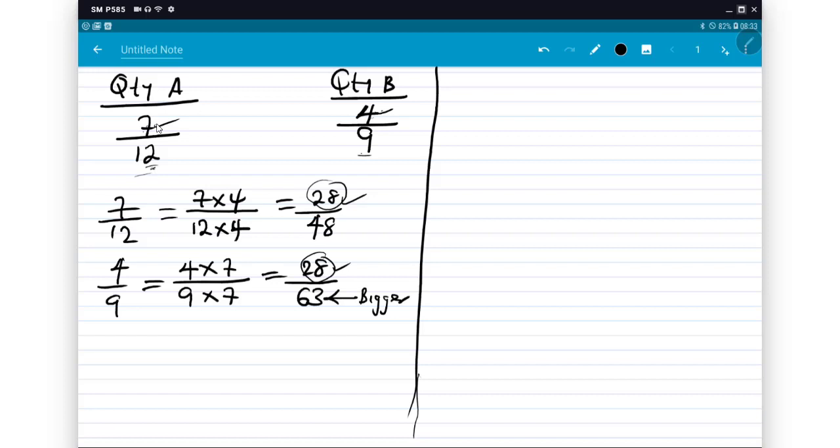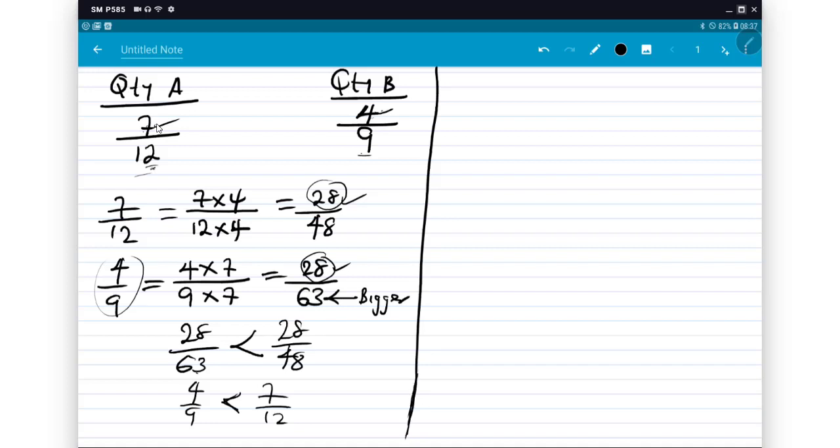So now, since 63 is bigger, it means that 28 over 63 is smaller than 28 over 48. And what's 28 over 63? That is 4 over 9. 4 over 9 is less than 7 over 12. So, now, you can decide to use the second point to compare these fractions as well, that is, by making their denominators equal and then comparing their numerators.